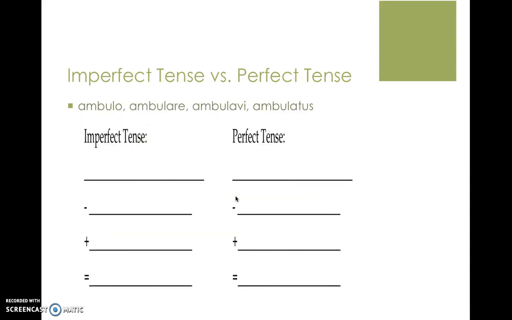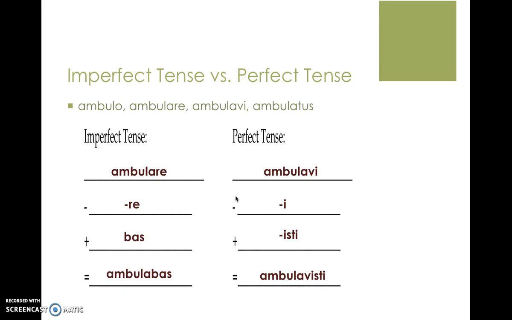And again, we can kind of also see that in a difference in their translations and in their formation as well. The imperfect tense, you'll start with that second principal part with our example verb ambulo, ambulare, and we'll drop the re, and we'll add our imperfect ending to end up with ambulabas, which we would translate differently from ambulavisti, which we form by dropping the I off the third principal part ambulavi, and adding our perfect tense ending. So as you can see, they both look different.